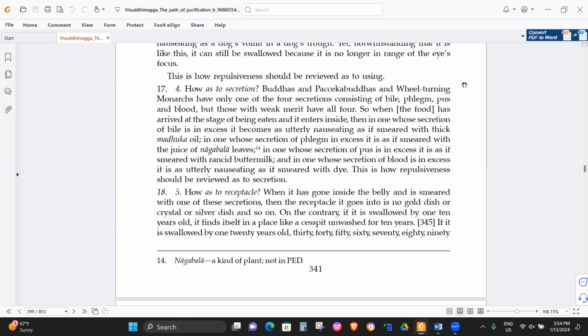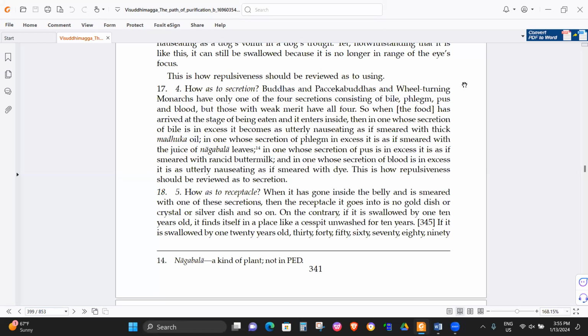So when the food has arrived at the stage of being eaten and it enters inside, then in one whose secretion of bile is in excess, it becomes as utterly nauseating as if smeared with thick madhuka oil.